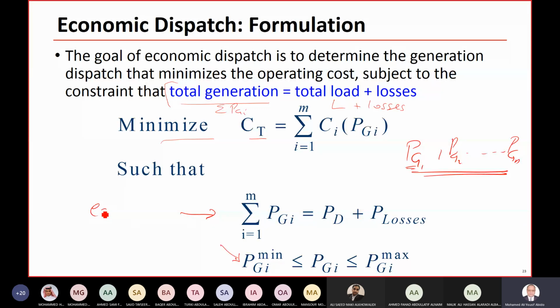We have an equality constraint and an inequality constraint, and we have to satisfy both. The summation of PG, where M is the number of generators, the total output power from the generators, is equal to the demand plus losses. And each generator must also satisfy its bounds.